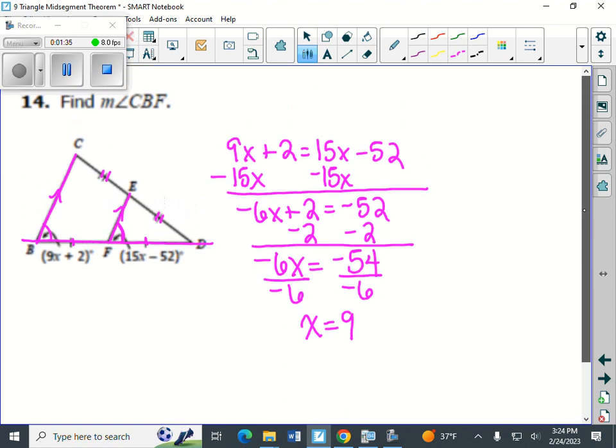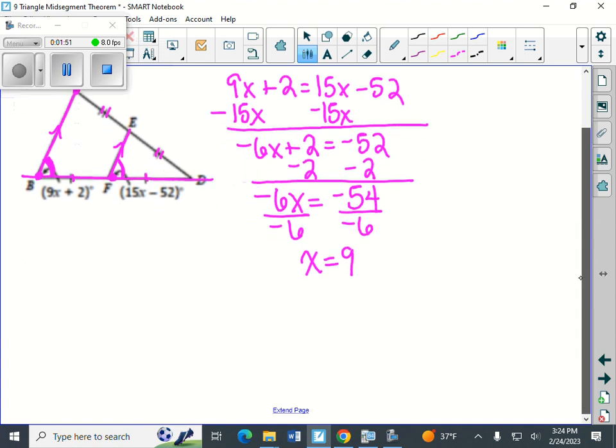CBF. So CBF is going to be this angle right here, and that angle has a measure of 9x plus 2.